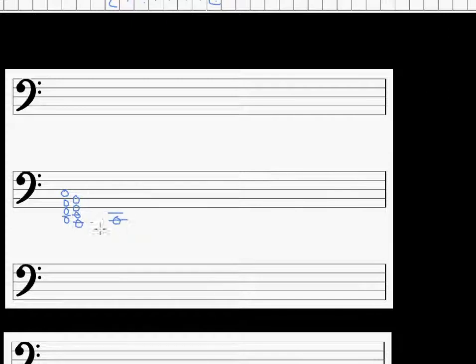Okay, so we could start here. So this would be the same C. You can try to get this as accurate as you can. C, so there's line, space. Remember, we're in the bass clef, so this next one, that's E. C, D, because we're in the bass clef.